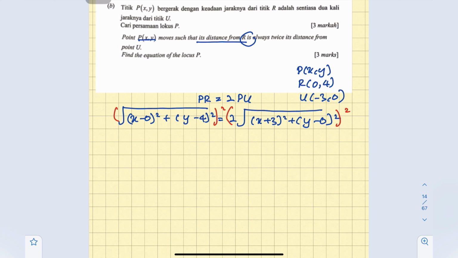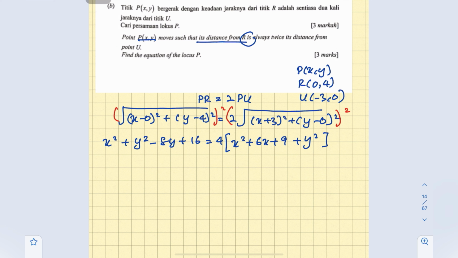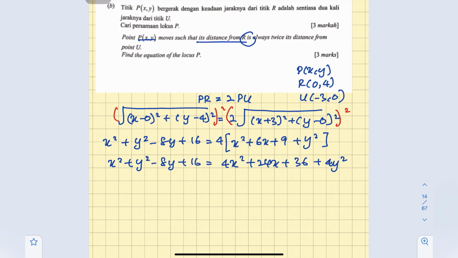So on the left side we get x squared plus y squared minus 8y plus 16, equals 4 times (x squared plus 6x plus 9 plus y squared). Then we expand this: x squared plus y squared minus 8y plus 16 equals 4x squared plus 24x plus 36 plus 4y squared.